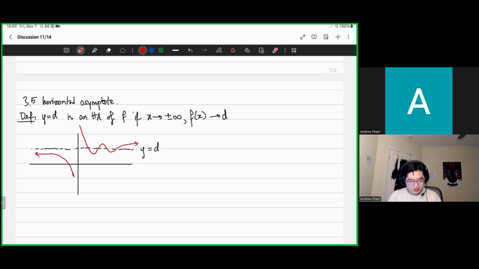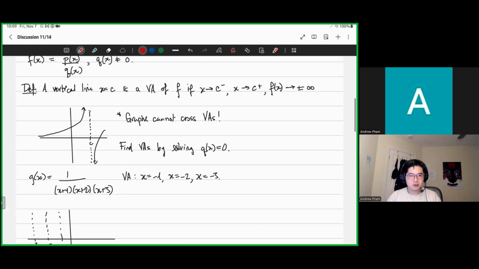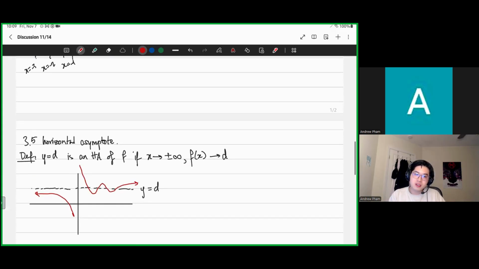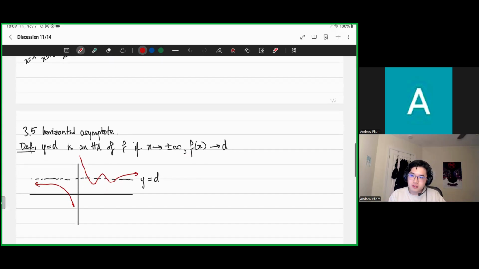So as you can see, in terms of how these graphs function, your functions will be pulled towards these asymptotes like magnets, but usually they're never going to cross it. So in terms of VAs, you can't cross it. You'll get infinitely close. But for HAs, you can cross, right?